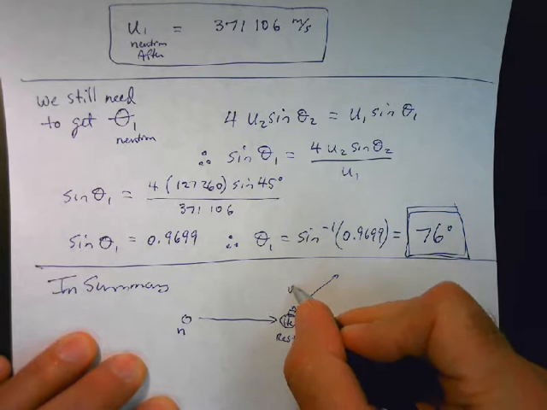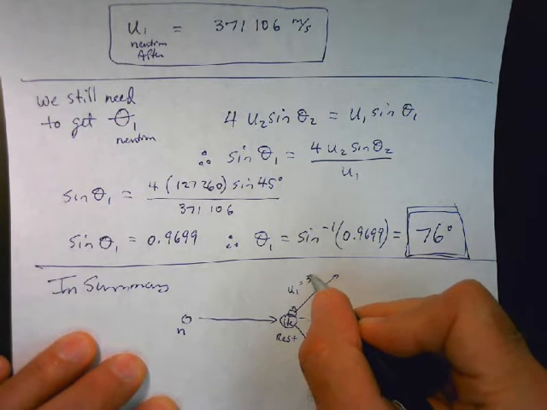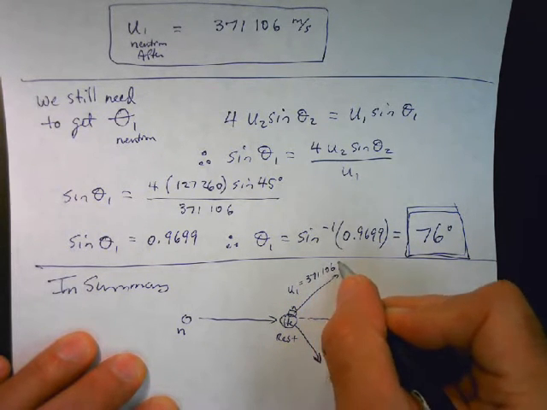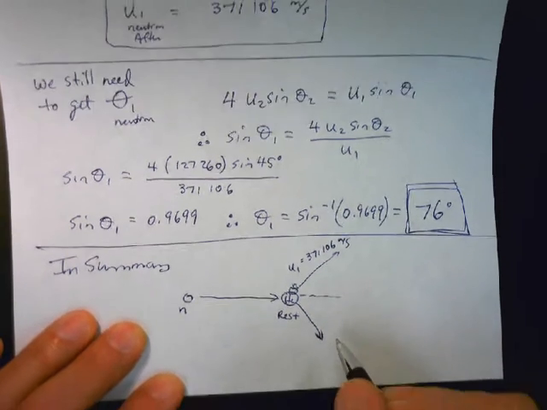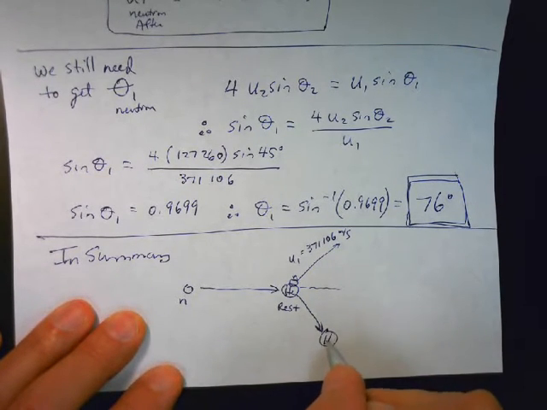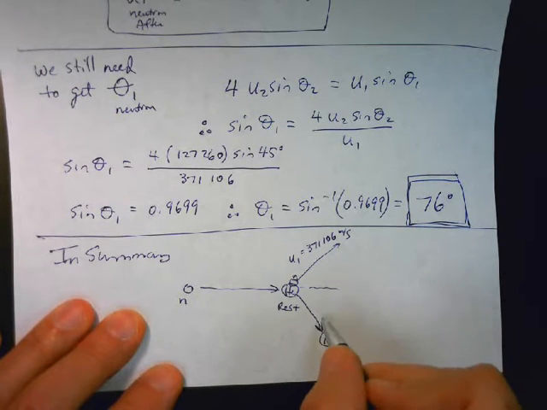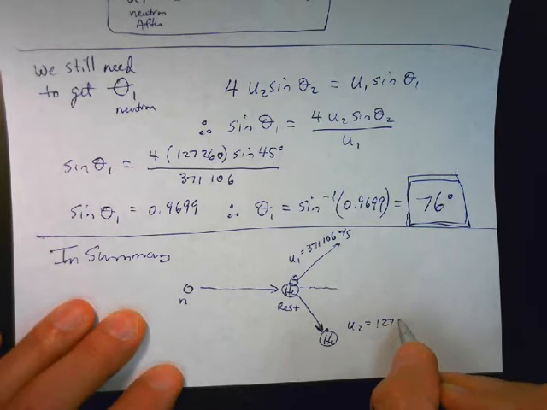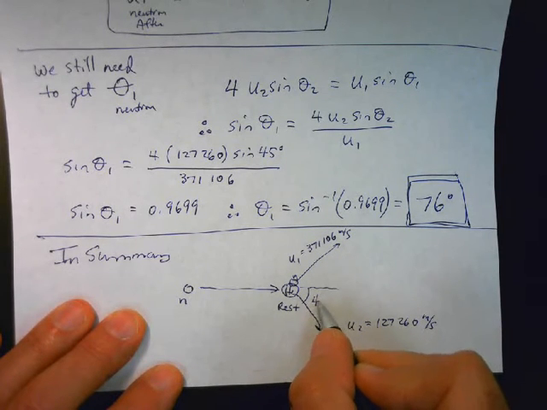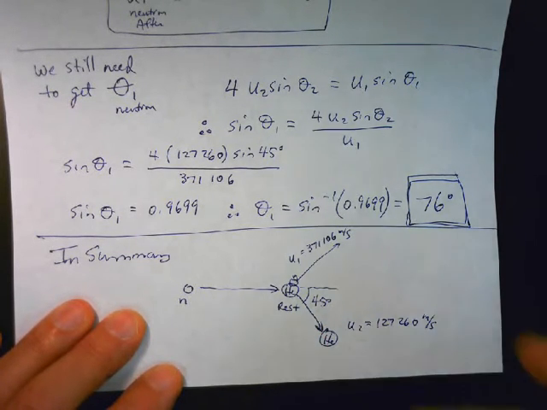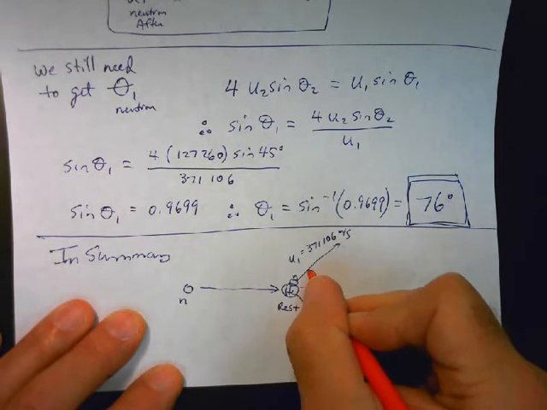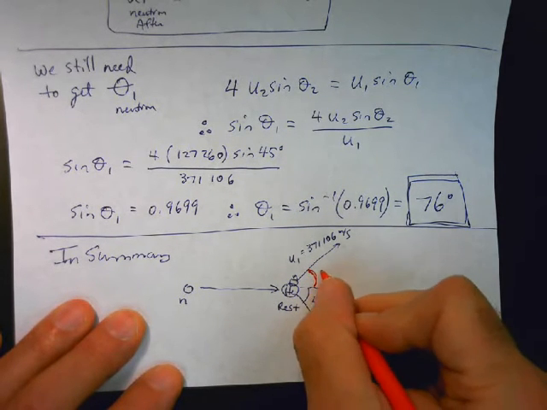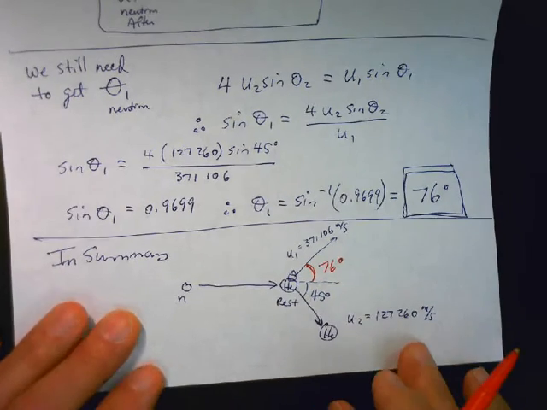The neutron went off with a speed of 371,106 meters per second. The helium nucleus went off after the collision at a U2 of 127,260 meters per second. The angle here was given as 45 degrees. We found the angle that the neutron took from the horizontal is 76 degrees.